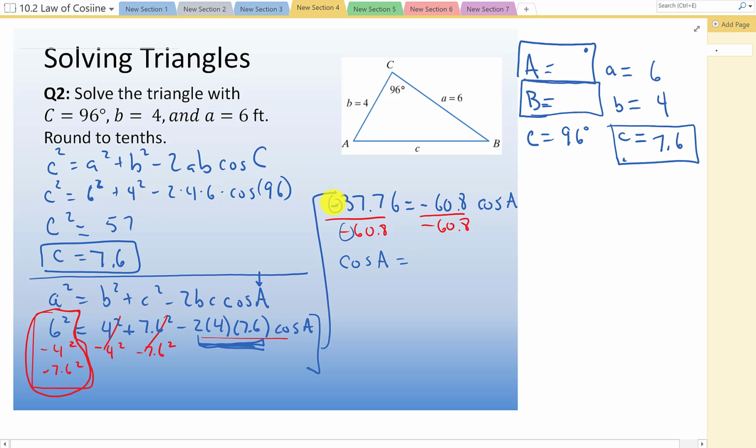Negative over negative will be positive. So 37.76 over 60.8. And 37 over 60 is less than 1, which is in the right range for cosine. So it's the right domain for the cosine inverse. Has to be between 1 and negative 1.